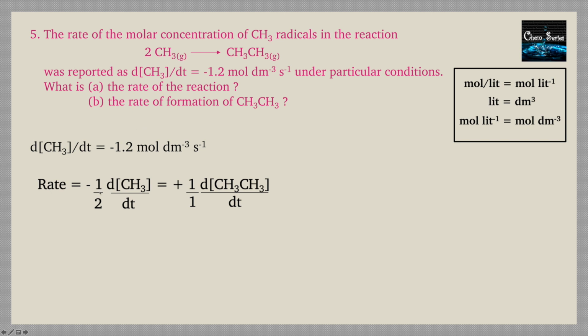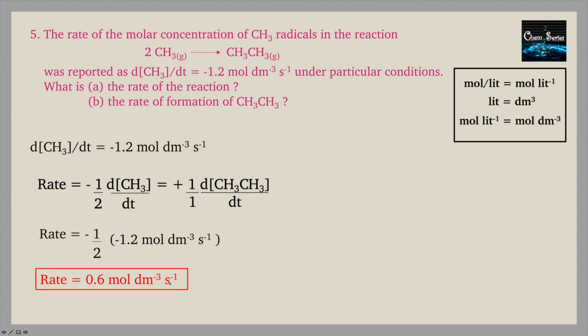Rate is equal to minus 1 by 2 d[CH3]/dt, which is equal to plus 1 by 1 d[CH3CH3]/dt. The rate of the reaction is minus 1 by 2 d[CH3]/dt, and d[CH3]/dt is given as minus 1.2 mole decimeter^-3 second^-1. On substituting this value in the equation, you obtain rate equal to minus 1 by 2 into minus 1.2 mole decimeter^-3 second^-1, and your answer will be 0.6 mole decimeter^-3 second^-1.